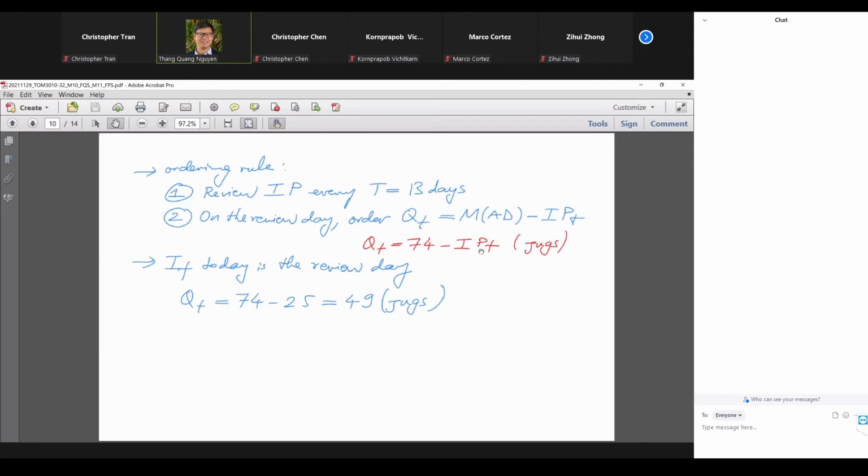We want to go back to the maximum level, so we order that amount. In that case, we take the maximum level, subtract the IP, and then we know how many milk jugs we need to order on that day.